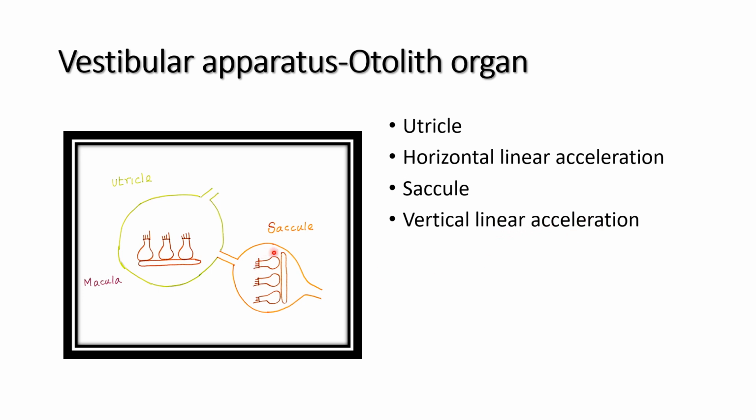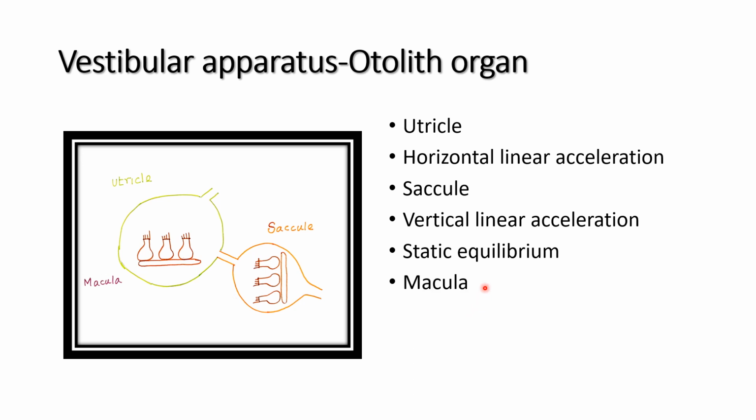So the saccule is important when the person is traveling in a lift or elevator. It senses the position of the body and maintains balance and equilibrium. Both utricle and saccule are important for static equilibrium, when the person is not moving.